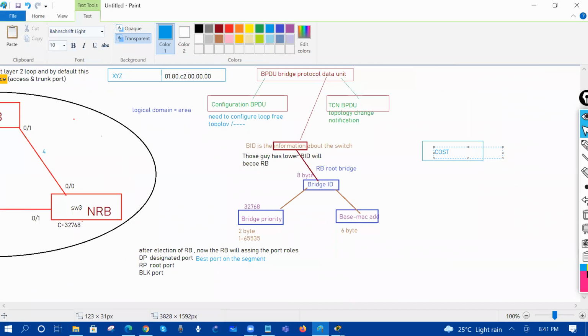One is the root path cost, and one is the path cost.